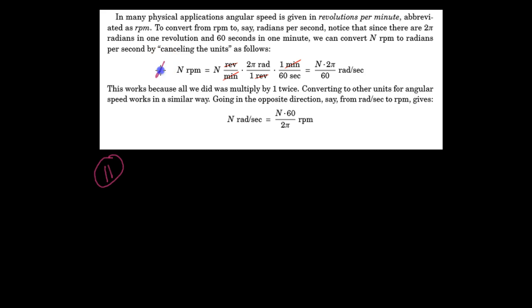So here's the example, and this is in your book too. Let's just suppose that we have, let's do a nice number, 90 revolutions per minute.